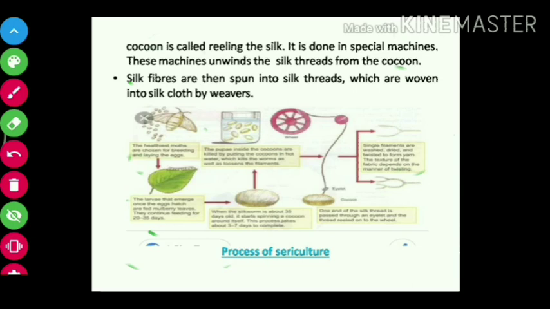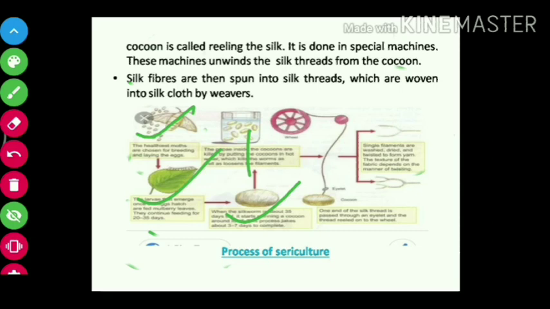So look at here, process of silk culture. The silk moth gives egg, and from eggs larvae come out. They feed continuously for 20 to 35 days. Then they form cocoon. These cocoons are boiled so that pupa are killed.